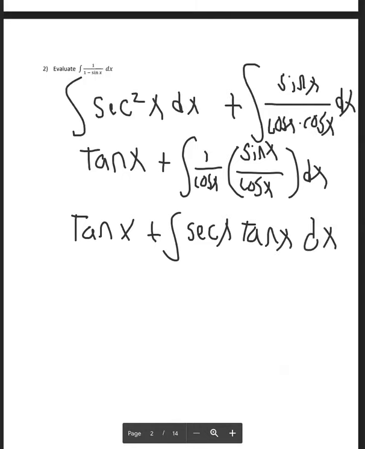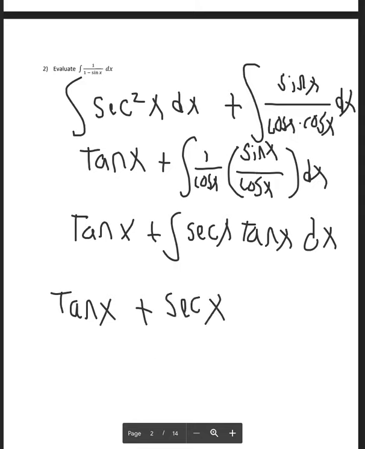This is another formula. You may not remember it, but when you go back to the formula sheet, you'll notice that the integral of secant of x tangent of x is just secant of x.